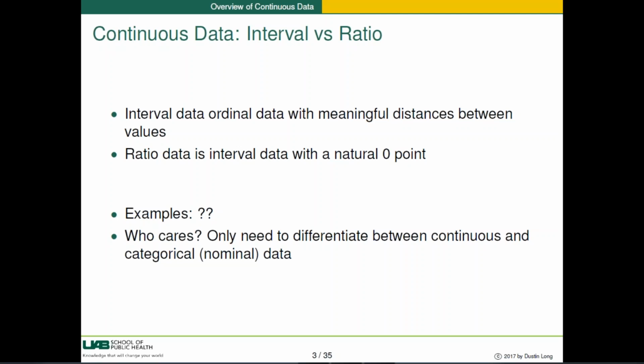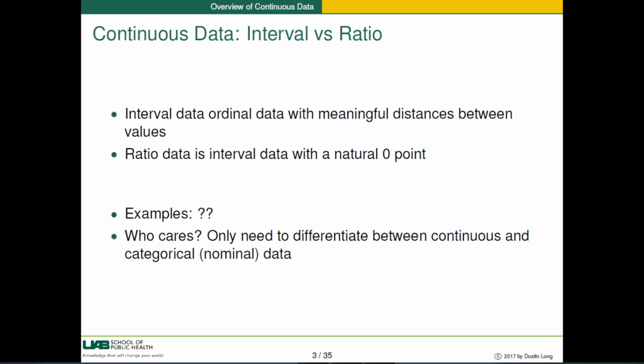Because magically, birth weight is one of the few truly normally distributed data in the world that come from a human. Most of the stuff you can fudge normality, which we'll talk about later, but birth weight is typically pretty good. So a birth weight of 1 kilogram and a birth weight of 2 kilograms, that's a meaningful distance. A 1 kilogram increase means something, so it's interval.